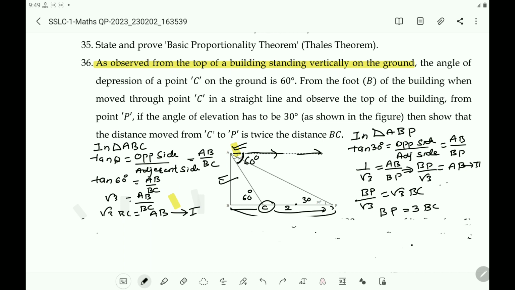Then you write BP is the sum of BC and CP. BC plus PC equals 3BC, and PC is equal to 3BC minus BC. So PC is equal to 2BC.